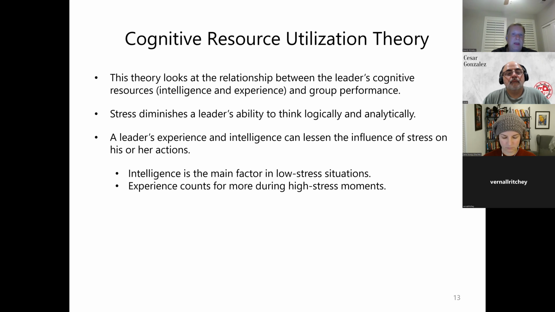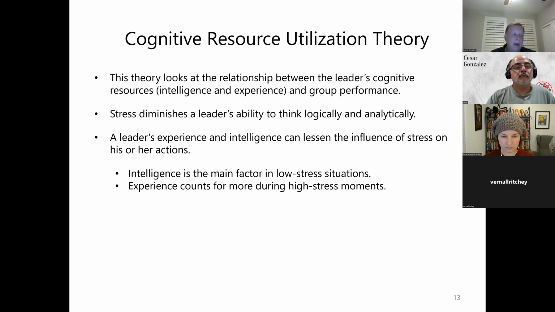Essentially, if you're dealing with a very low stress type of situation, where you have time to think about solutions to problems, you have time to react to problems and challenges, intelligence is oftentimes more important than experience. And that's the cognitive resource that people tend to use. They use their intelligence in low stress situations.